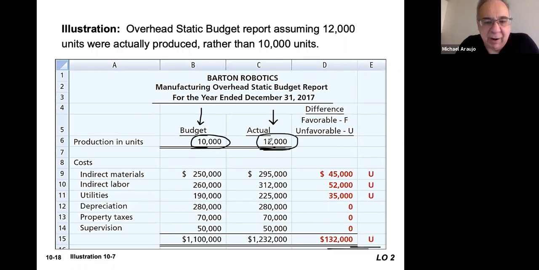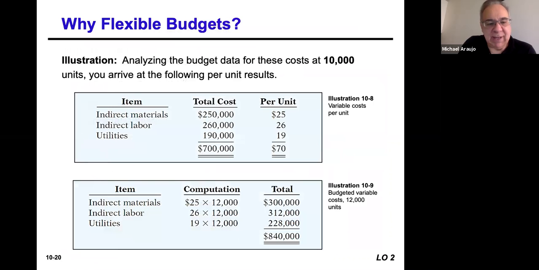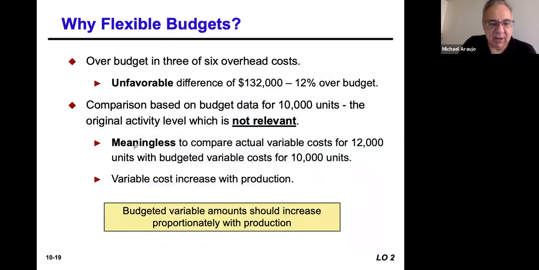So how can you compare and know for sure what the differences are if you're comparing a budget to produce 10,000 with actual numbers that you produce 12,000? Well, that's where this type of flexible budget report is handy, because you can prepare budgets at various activity levels, including one for 12,000 instead of 10,000. So it's really meaningless, as your book was saying here.